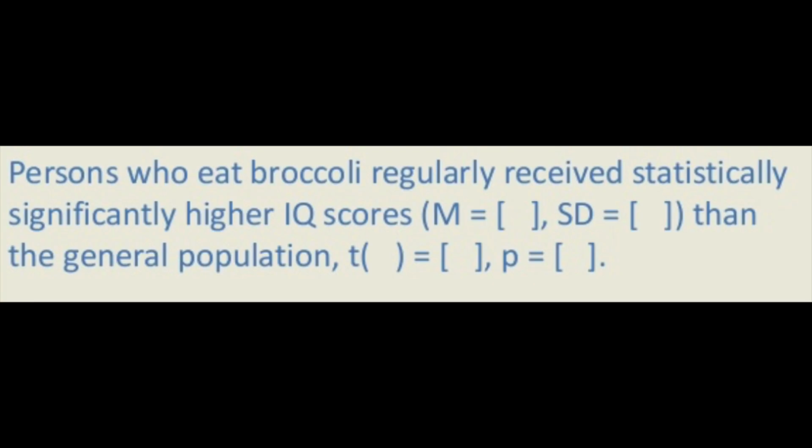Here's an example of reporting a statistic in APA format. This one is referring to a data set about broccoli, so not the one we're using in our lab worksheet.